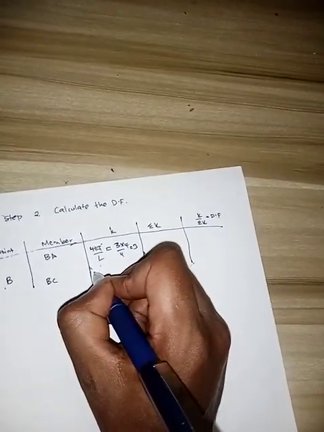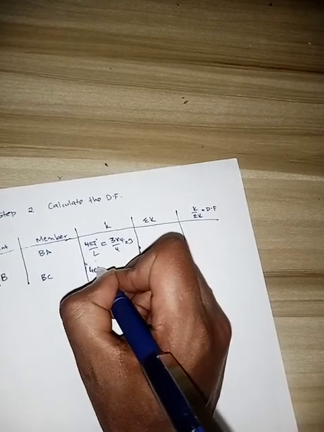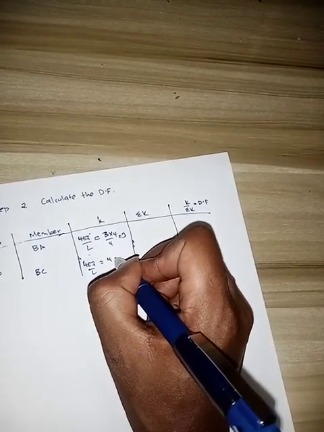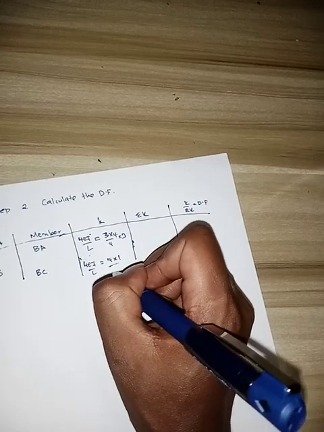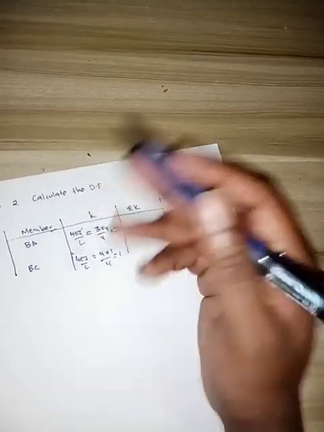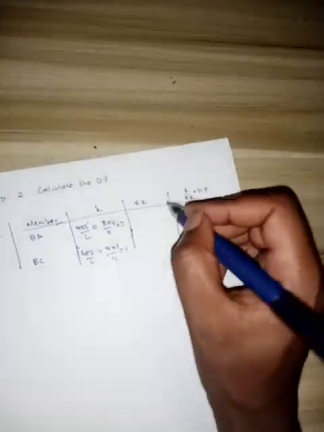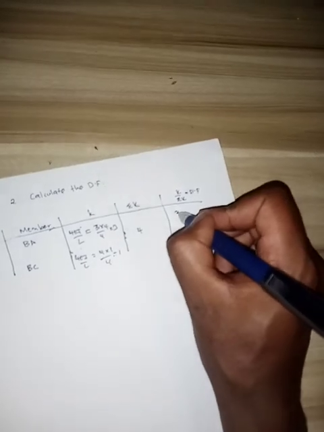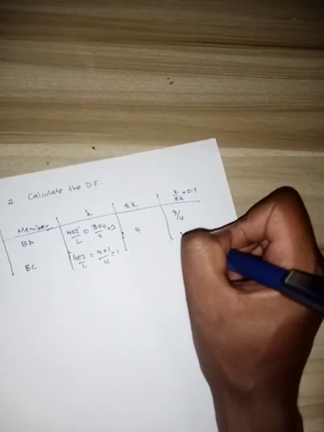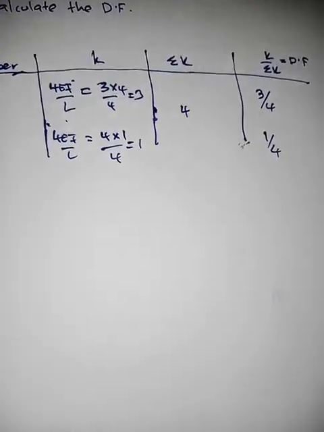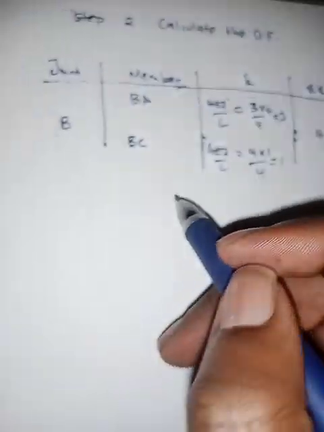And this one you'll get 4EI over L. Again, it is 4 times EI is just 1 divided by 4, which is you get 1. So summation here, so I factored out EI. I'm not considering EI because I know eventually it will factor out on itself. So let me just write 4. So now the distribution factor, it will be 3 over 4 and this one 1 over 4. So the distribution factors should always add up to 1.